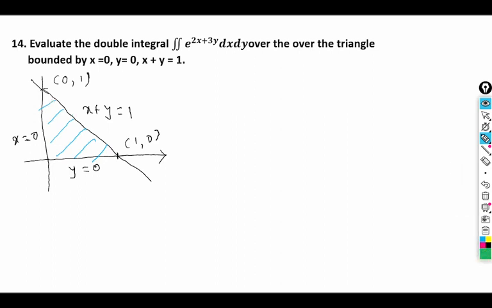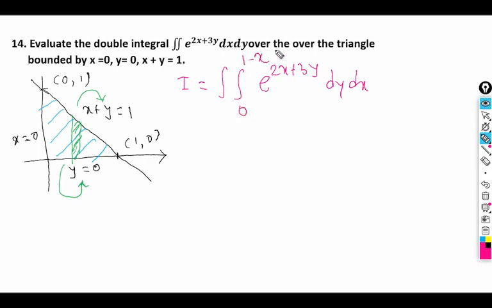So let me take a vertical strip again, as usual. For this vertical strip, the lower end touches y equal to 0, upper end touches y equal to 1 minus x, and then integration. So the integral I will become double integral e raised to 2x plus 3y dy dx. Limit of y is 0 to 1 minus x and outer limits are 0 to 1, minimum to maximum value.